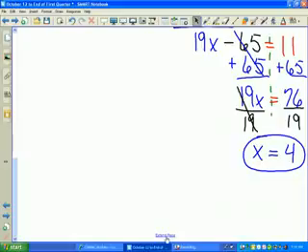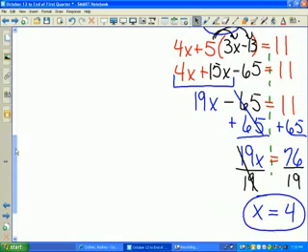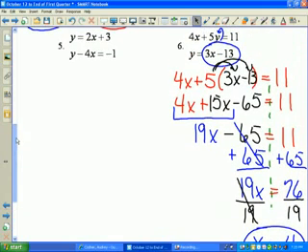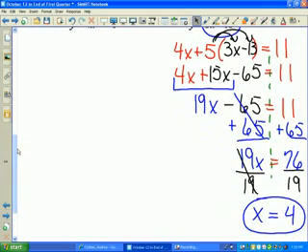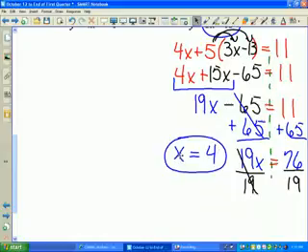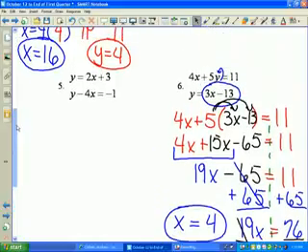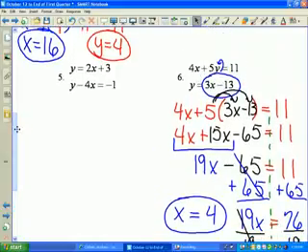So are we done? No, we're not. We got x equals 4. We found x. Now we need to find y. If I go back to my original equations, let me slide this over a bit. So when I go back to my original equations, I already have an equation set up for me.